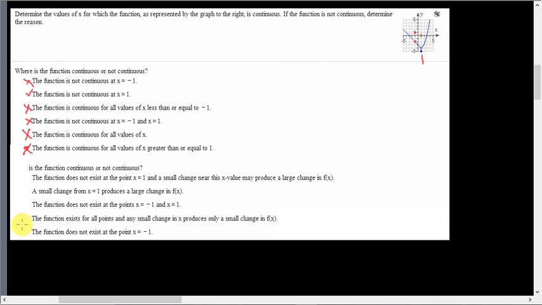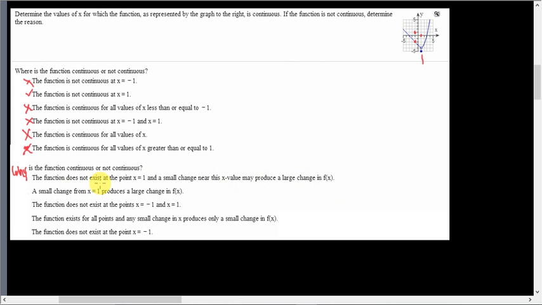Alright, is the function, oh, this is supposed to say y. So why is the function continuous or not continuous? The function does not exist at the point x equals 1, and a small change near the x value may produce a large change in the y value.